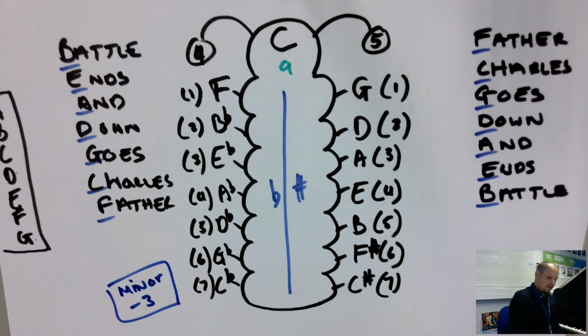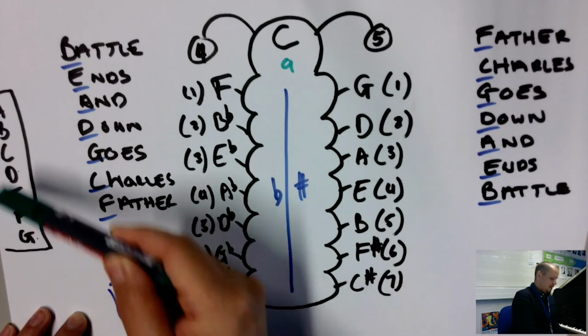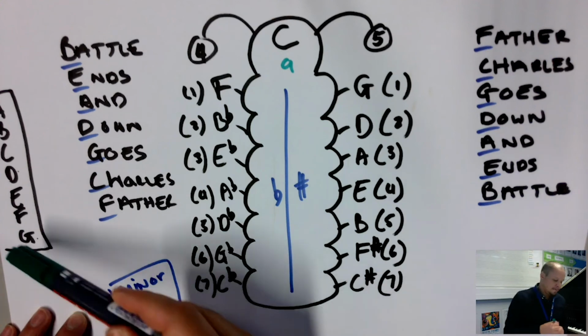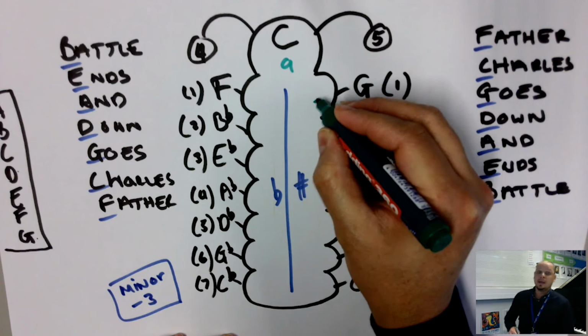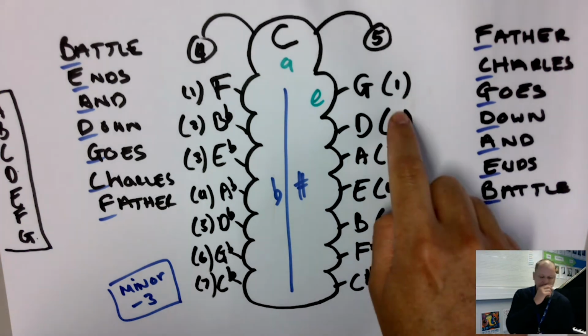So if we go from G, I'll use my letter names here, G, F, E. We start on G, so 1, 2, 3. So we're going down 3, and that means E minor is my relative minor for G major. So E minor and G major, they share the same key signature, which is 1 sharp, and that sharp is F. Okay?